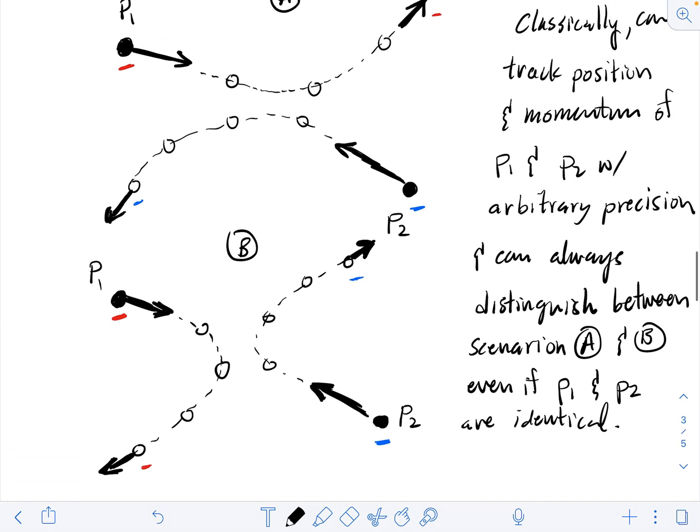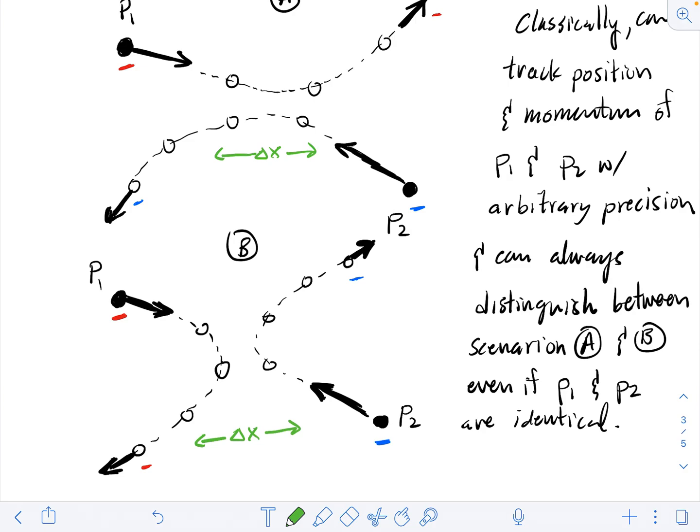Say delta x is something like this, the distance over which we start to lose the ability to distinguish the two positions of the particles.